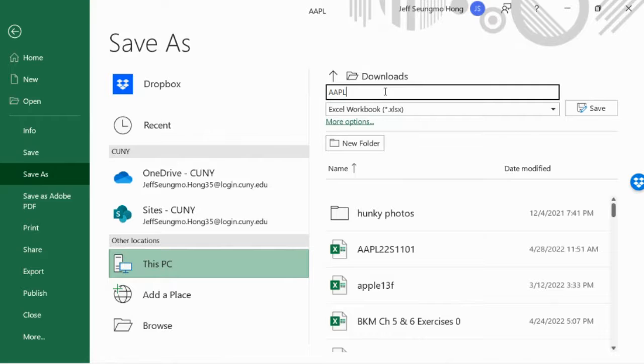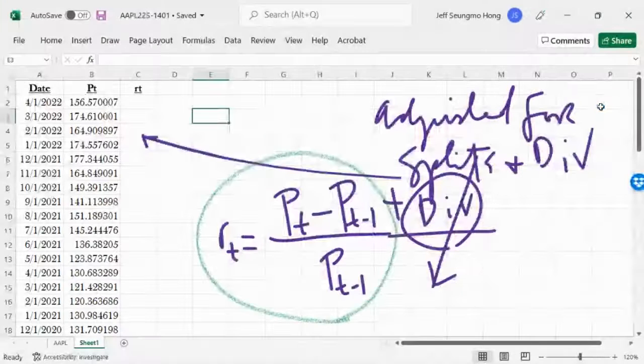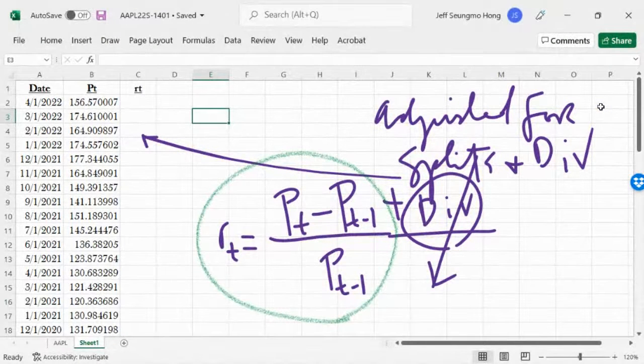And I will name it Apple 22 Spring section 1401, because you guys are section 1401. I will save it, okay, like that. And we're gonna work on this. We're gonna continue next Monday, okay?